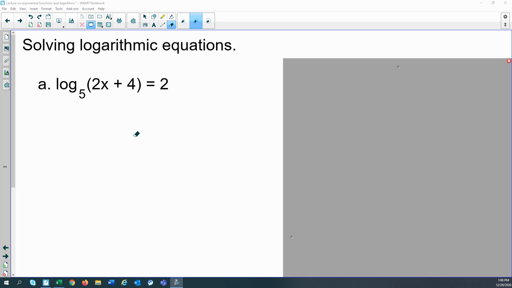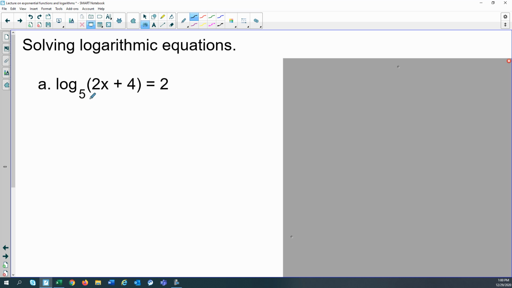Okay, the last thing I want to show you is solving a logarithmic equation. Again, you're going to be using some of these properties that we've been talking about. So the idea with this one is you have the x trapped inside here. And maybe we already have it in a single log, so there's just a log equal to a value.